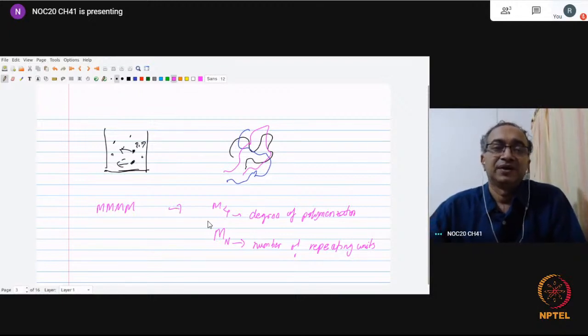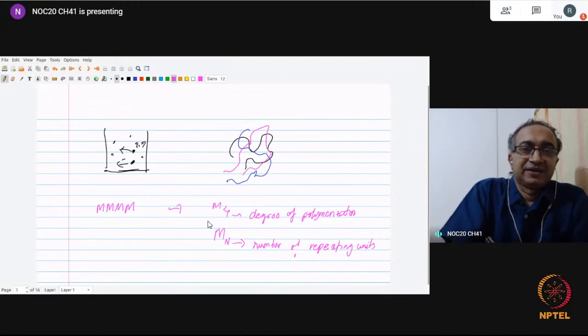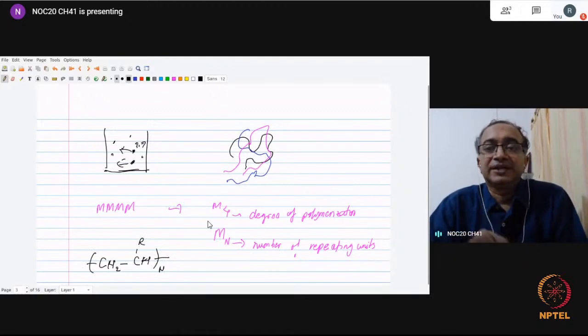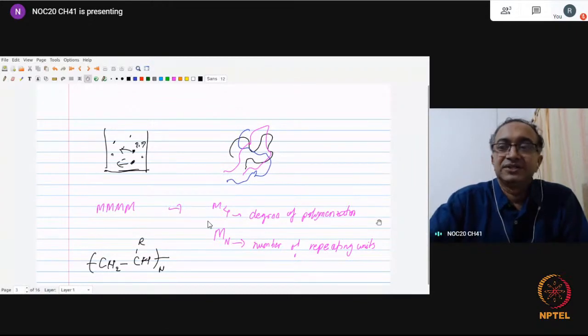Because right now, for example, I can just say that you can have a polymer with this group R, right? But if you look at this kind of a group, what happens is this is in 3 dimensions.